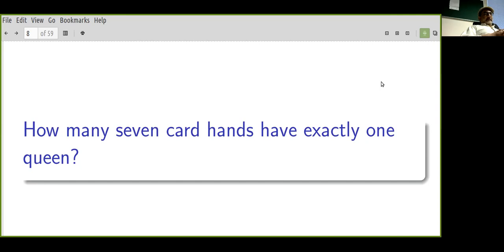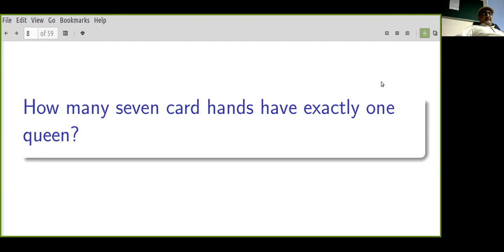We're going to select 1 queen out of 4. And then out of the 48 cards that are left over, which are not queens, we need to choose 6. So we've chosen 1 plus 6, it's 7 cards, and we have taken exactly 1 queen.